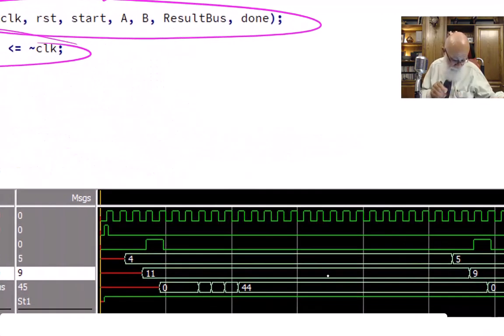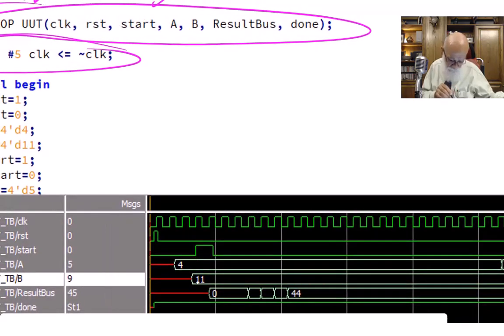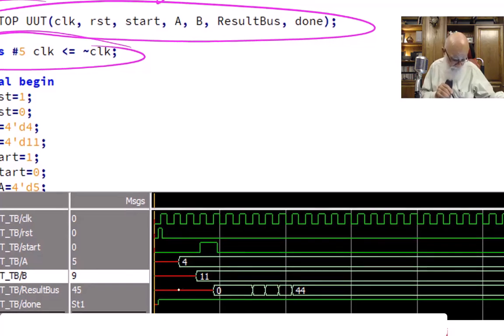Here, 4 times 11. Let's see how many clock cycles it takes. After start, 1, 2, 3, 4 clock cycles. It takes clock cycles because A is the count. Remember, we said that B is added to the product A number of times. The value A is 4. The value B is 11.